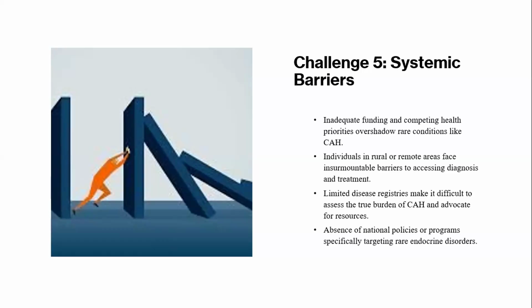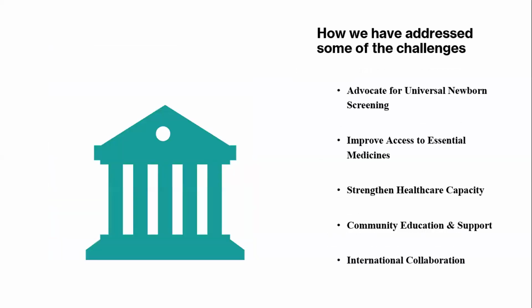And also policy gaps, the absence of national policies or programs specifically targeting rare endocrine disorders. So those are the major challenges that we face as low-income countries, and how we have addressed some of the challenges.